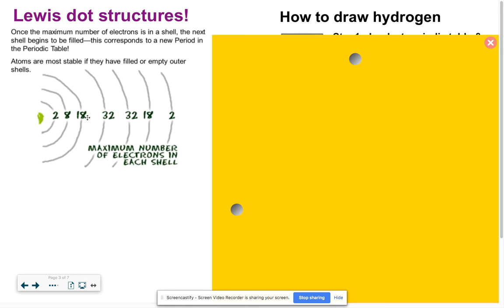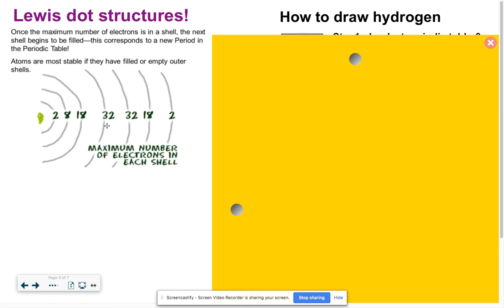Every electron shell can only hold a certain amount of electrons. We don't really have to worry about numbers going out this far. The most we would maybe get to is the fourth shell, but even then that's a lot of electrons to draw. So the first shell can hold 2. The next one out can hold a maximum of 8, and then 18, 32.